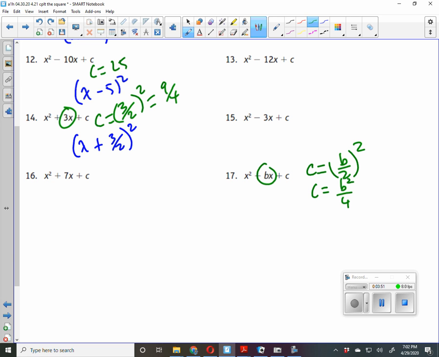Therefore, by having x squared plus bx plus b squared over 4, I can factor that so it says x plus b over 2 squared. Completing the square is what we're doing.